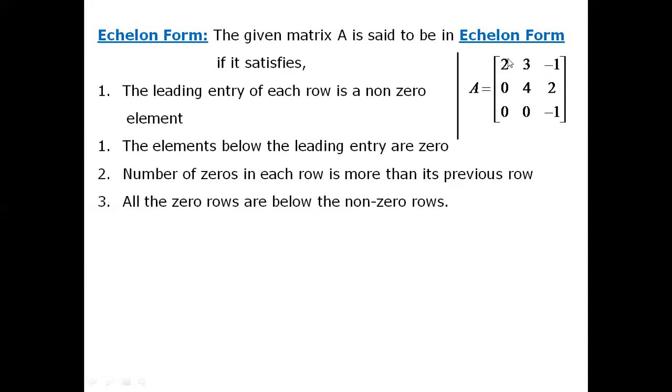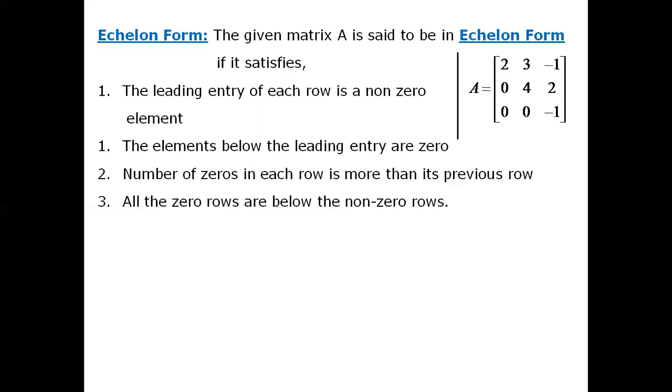So this matrix satisfies the three most important conditions of echelon form. So I can conclude that this matrix is in echelon form, or in other words, I can say row reduced echelon form. So any matrix which is in this form is known as an echelon form matrix.